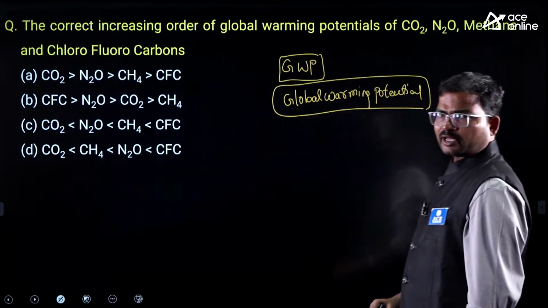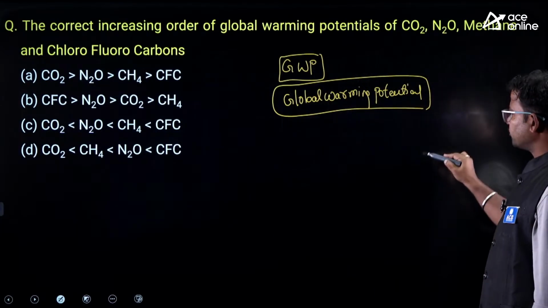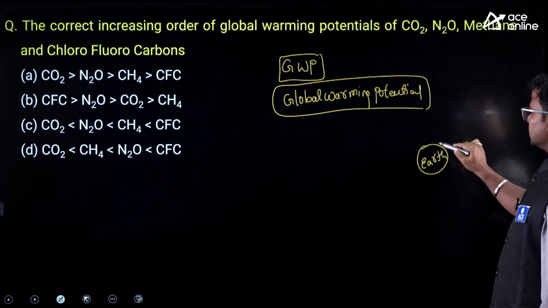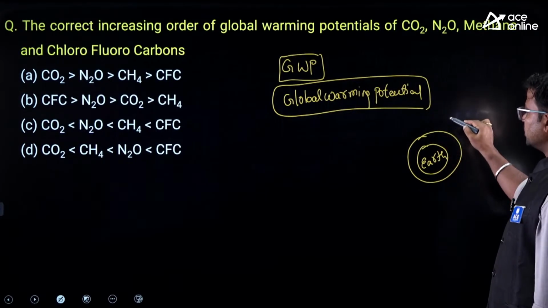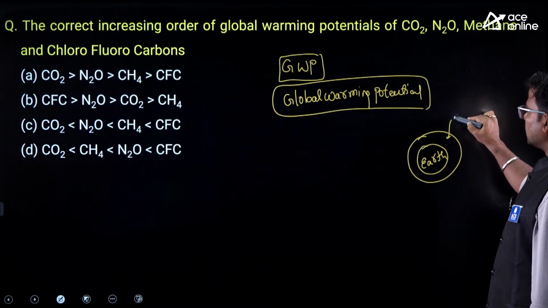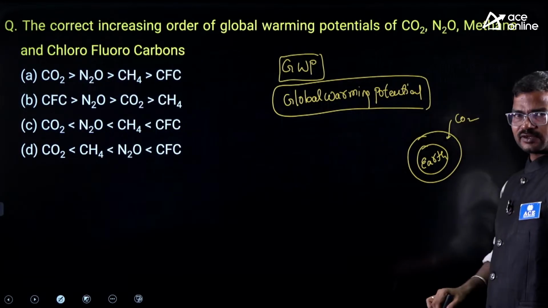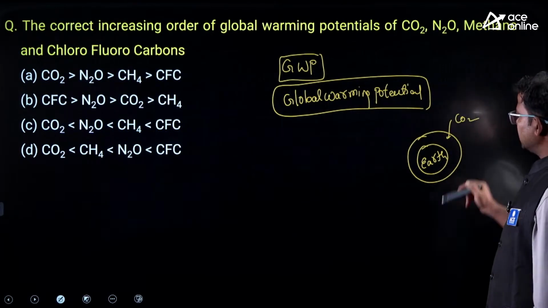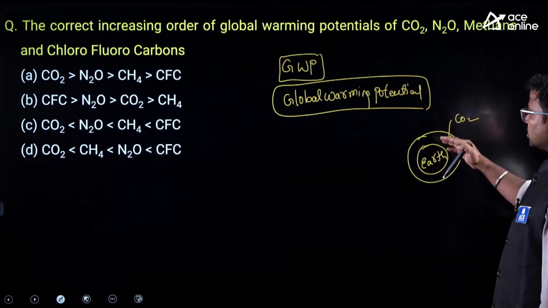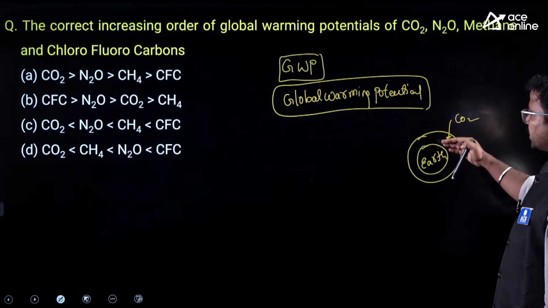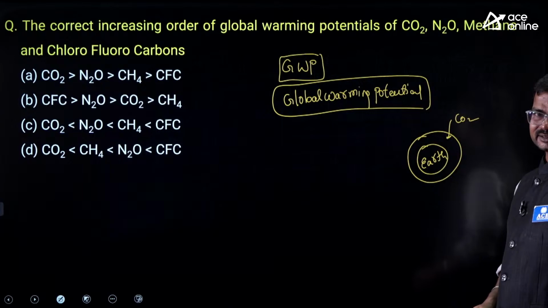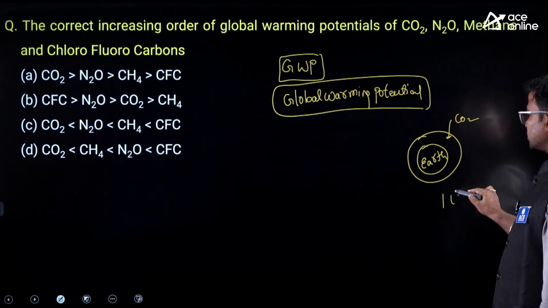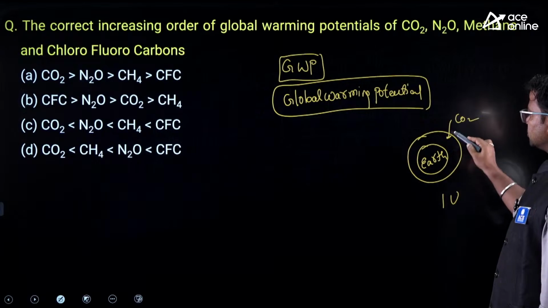Let's consider one example. Here it is the planet Earth. In this atmosphere, for convenience, let's consider it has only carbon dioxide. How much would the temperature be raised by the existence of carbon dioxide? Let's consider the value is 1 unit. This is the first case.